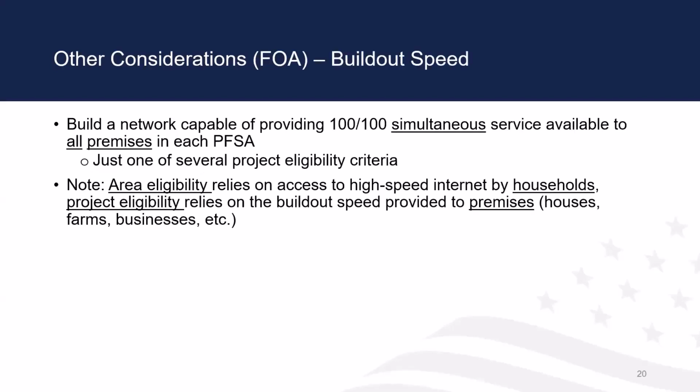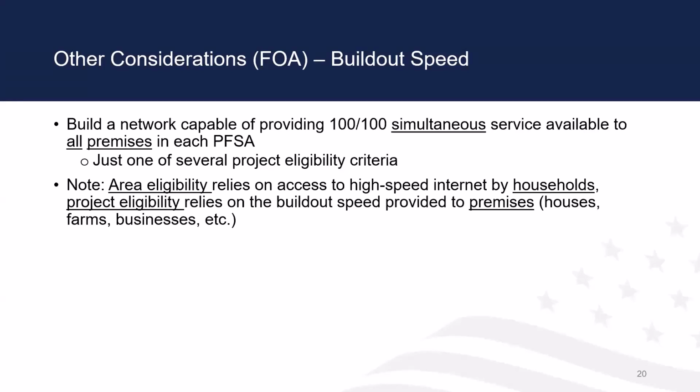Build out speed. I think everybody understands that you have to be able to show a network that is capable of 100 by 100 simultaneous services to all premises in the PFSA. Again, not every customer has to accept it at 100 by 100.